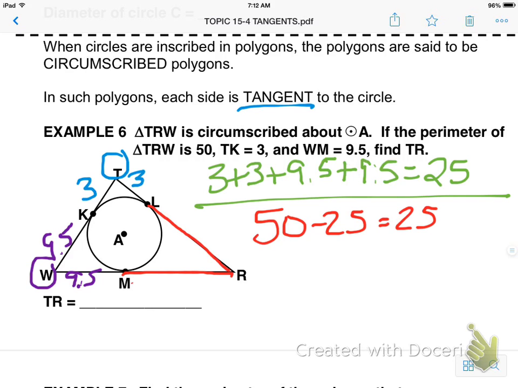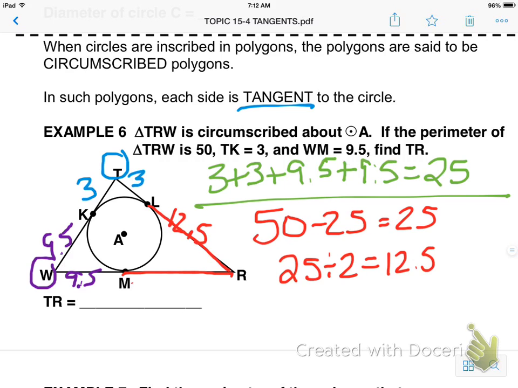So if we're finding the length of TR, I've still got to find the length of LR to add to TL. So if I took 25 and divided it by 2, I'm left with 12.5. So that means the length of LR is 12.5.